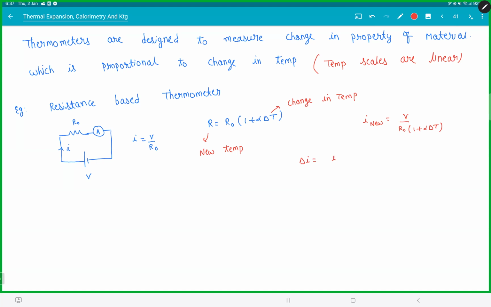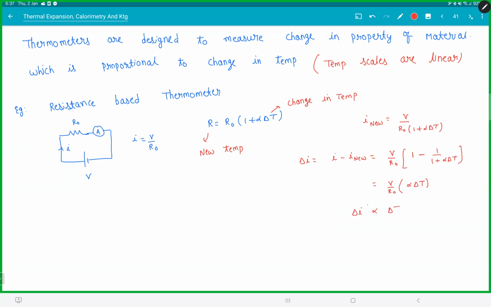The change in current will be I minus I new, which is V by R naught times (1 minus 1 by (1 plus alpha delta T)). I can use the binomial approximation, so we get V by R naught times alpha delta T. There you can clearly see the change in current is proportional to the change in temperature.